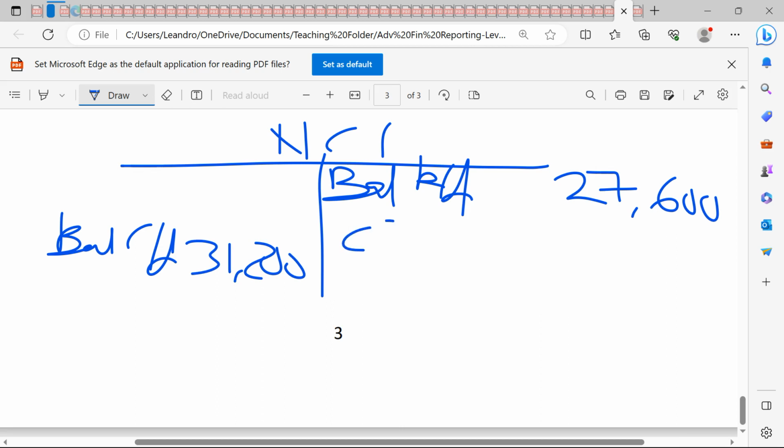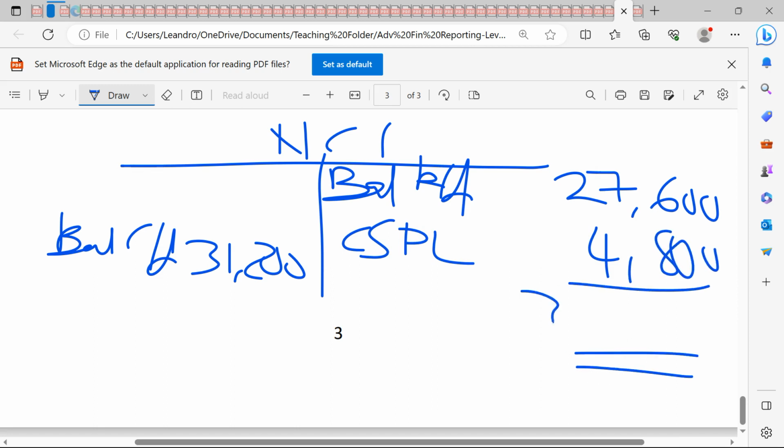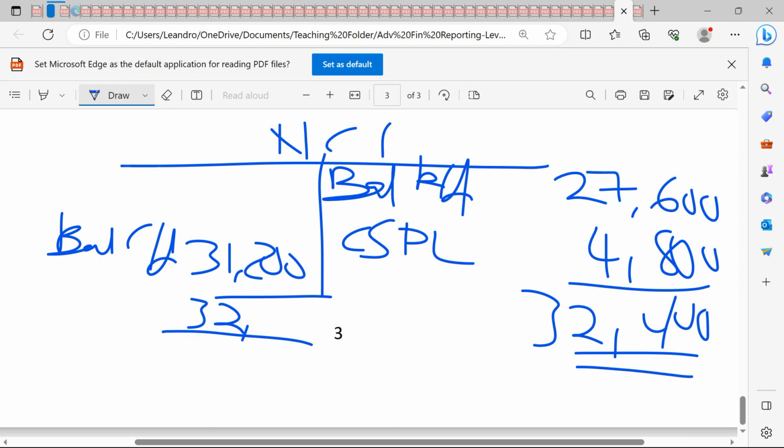So from the consolidated statement of profit or loss, we have 4,800. And that gives you a total here of 32,400. And therefore, your cash outflow, cash to NCI, is a payment.